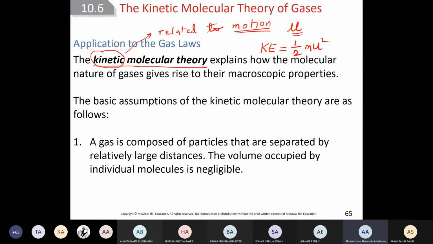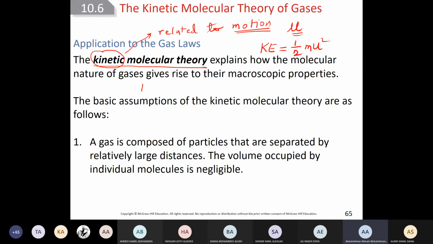Now, the first thing I want you to do is find the kinetic energy of an O2 molecule. No, not yet. Just a second.